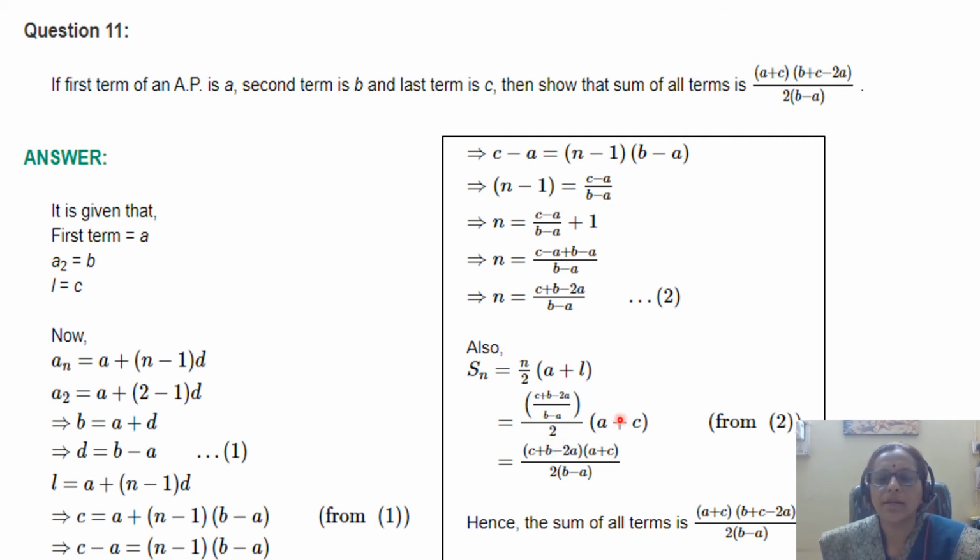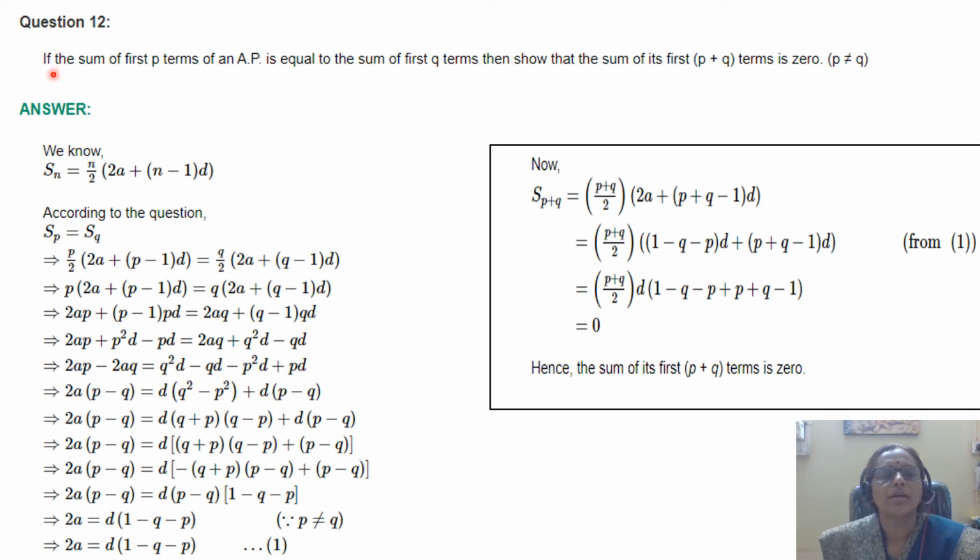Simplify this: it is twice (b minus a) in the denominator and the numerator is (c plus b minus 2a) into (a plus c). So the sum of all terms Sn is (c plus b minus 2a) into (a plus c), whole divided by 2 times (b minus a). Using the formula, the sum of n terms is equal to n by 2 into (a plus l), first term plus last term.